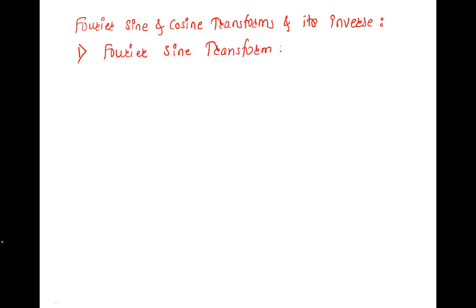Its name again indicates there should be sine terms only. And what will be the definition? What was the definition of Fourier transform? F of s is equal to, I'm asking Fourier transform, 1 upon root 2 pi, integration from minus infinity to infinity f of x e raised to isx dx.